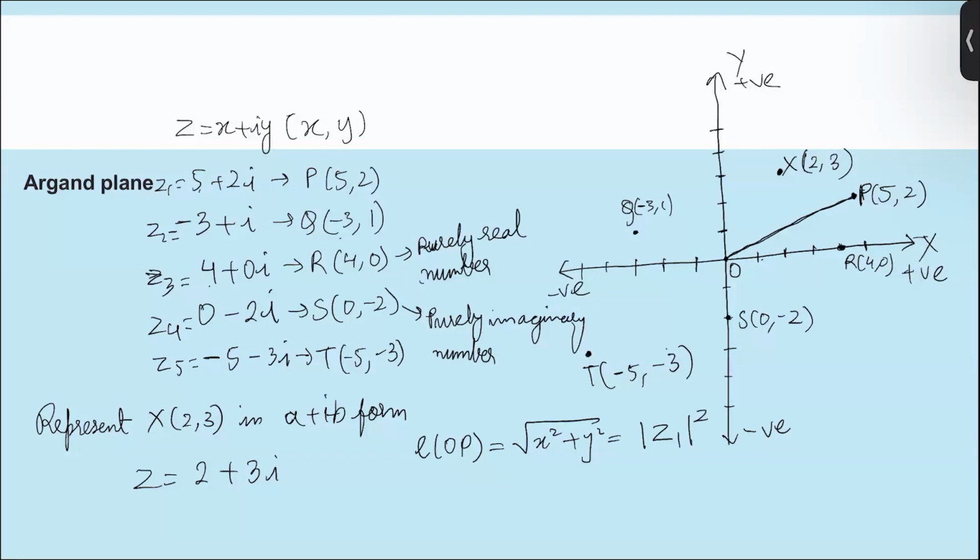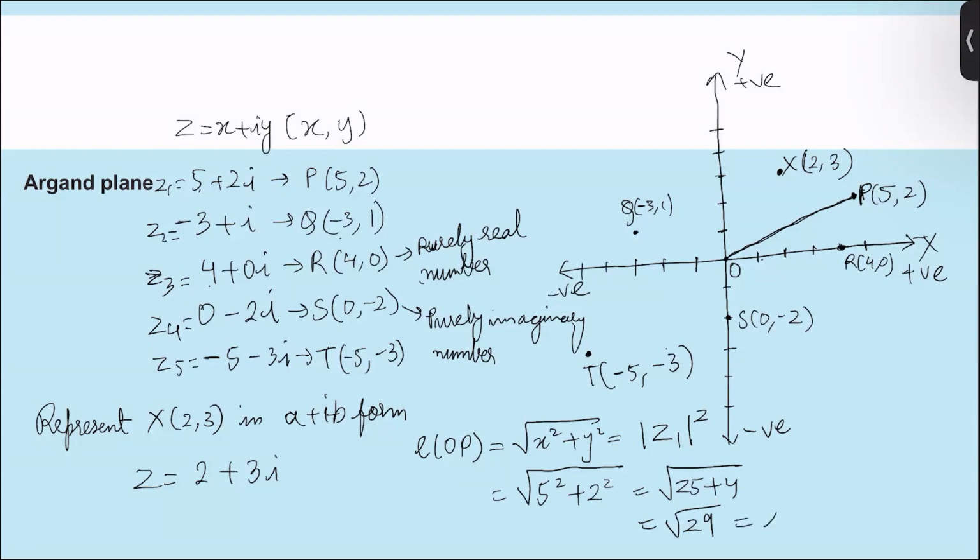So if you have the complex number over here, we have 5 plus 2i. If you get x square plus y square, you have 5 square plus 2 square, that is 25 plus 4, and what you get is 29.